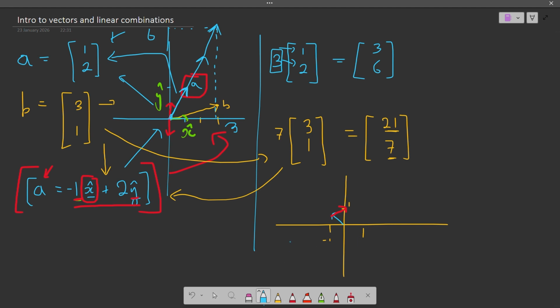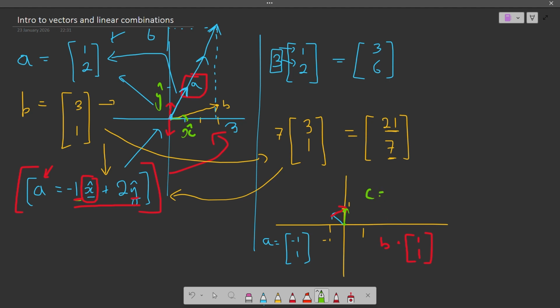So the blue vector A was minus 1, 1, and the red vector B over here was 1, 1. To add these two together, we move vector B to the tip of vector A. Our new vector is the vector that starts at the tail of vector A and goes towards the tip of vector B. So this green vector over here is the addition of A and B.